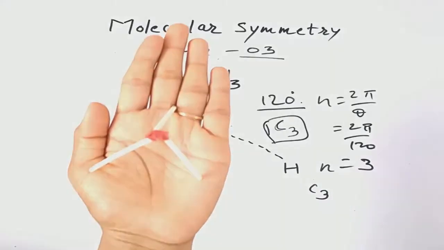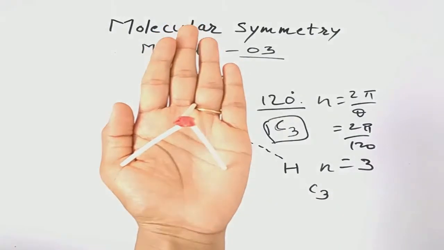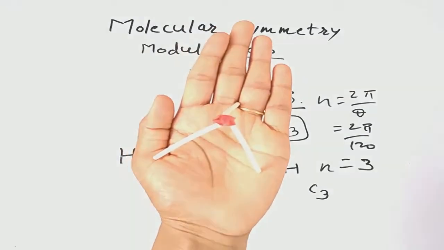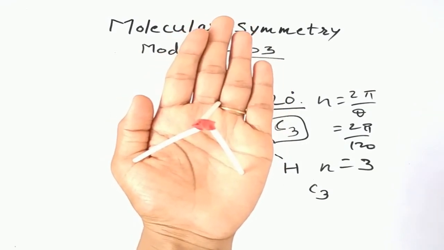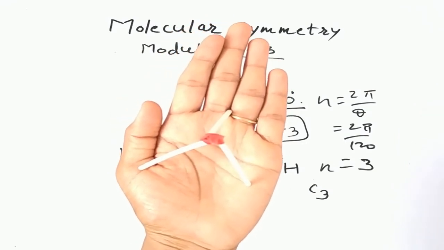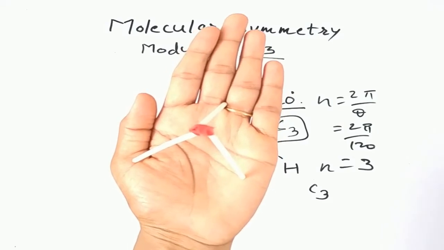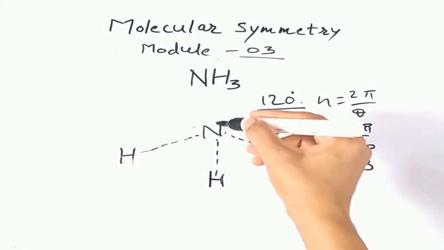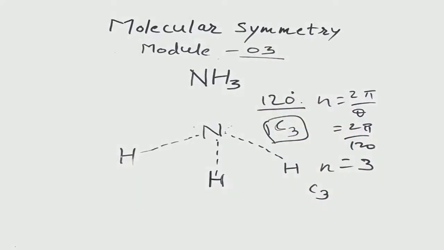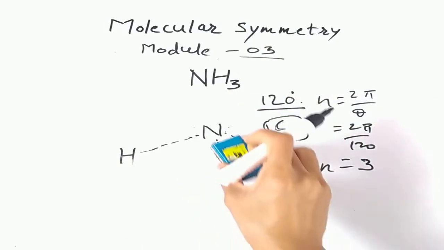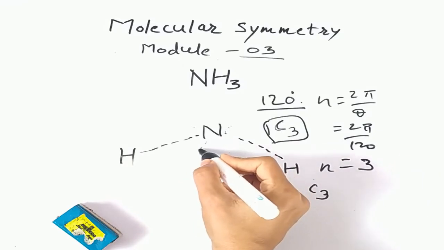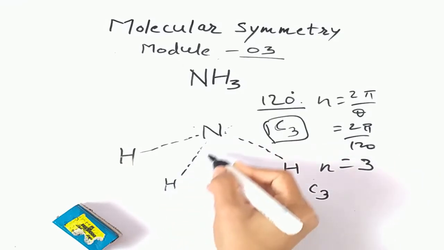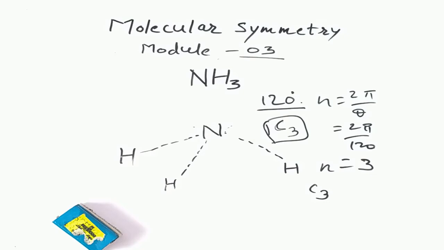Is there any other way by which we can rotate the molecule? If you observe neatly, you will not get any other rotational axis present in ammonia. So whatever axis we have obtained will become the principal axis. This is the ammonia molecule.